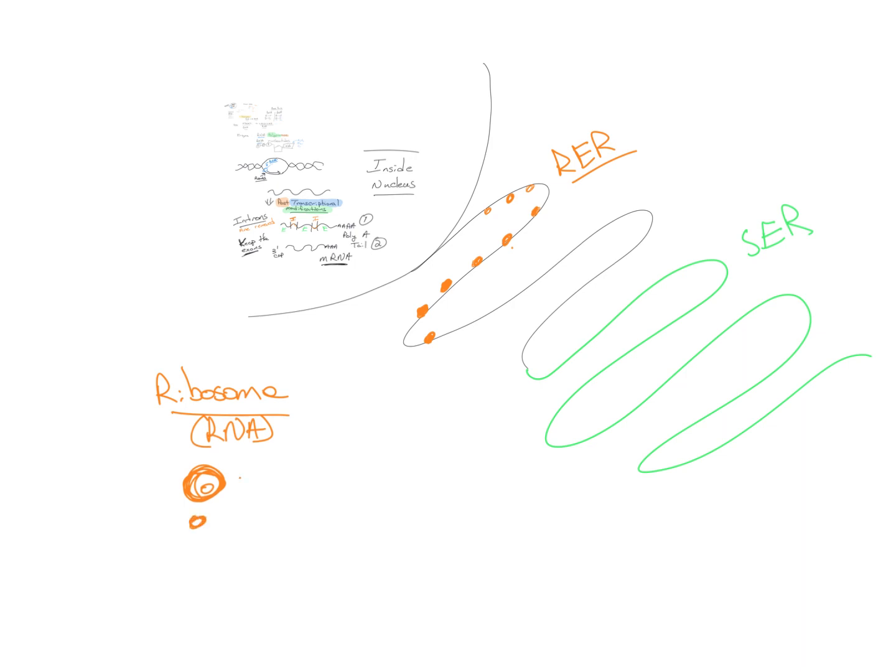We actually call them, amazingly difficult words, large and small subunits. So this ribosome is made of two parts. The messenger RNA is going to go in between the large and small parts.